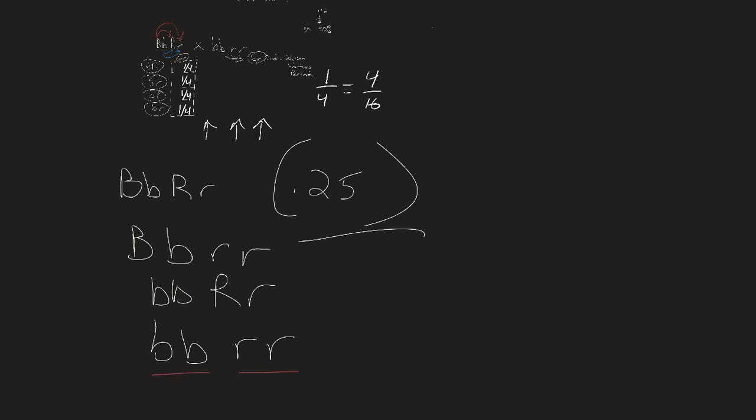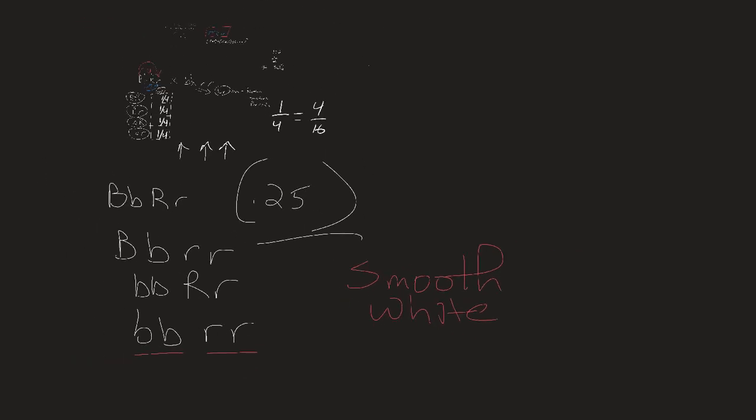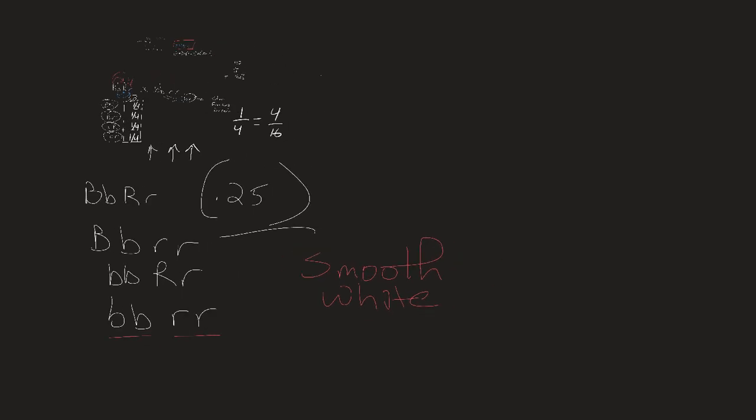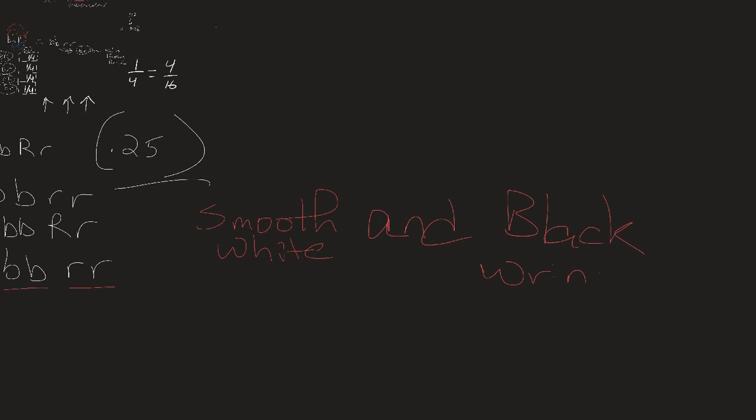And so smooth and white, what are the odds of getting a smooth white child? And then what's the big B? Black. And then a second child is black and wrinkled. Right? I say child, I meant offspring or whatever.